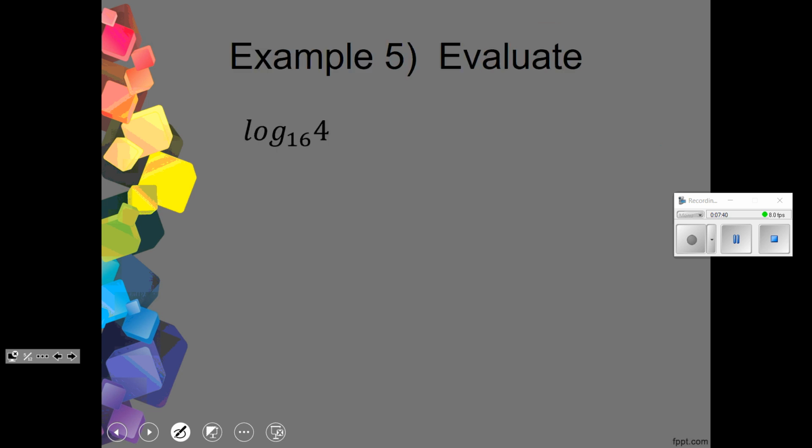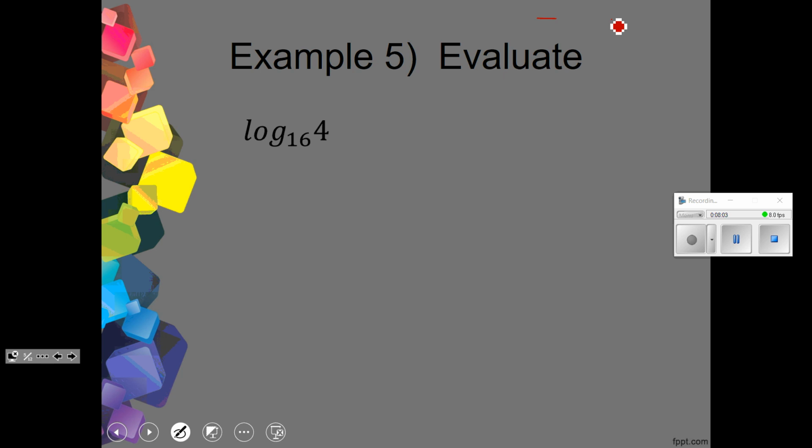All right. So what we're going to do now is we're going to evaluate. So this should go pretty quick. We've already covered part 1 of our objective. We've taken them from logarithmic to exponential, exponential back to logarithmic. So what am I asking when I'm saying, what is the log base 16 of 4?